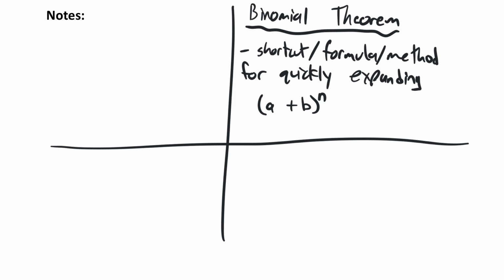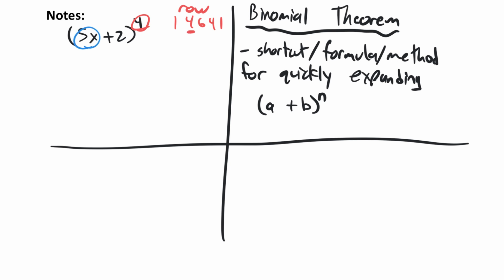So let's write down 5x plus 2 to the power of 4. So what we need to know here is that for the 4, this means we're going to use the 1, 4, 6, 4, 1 row, the row that has the 4 in it.